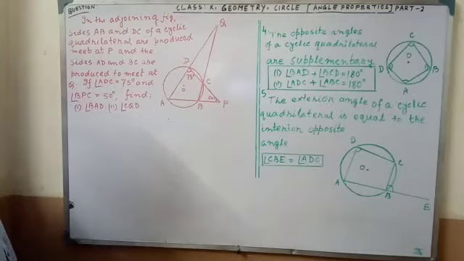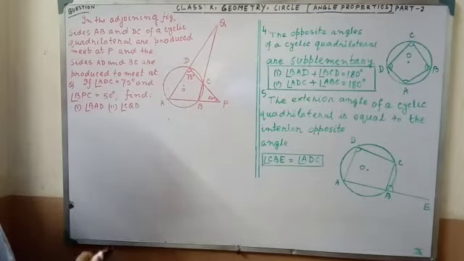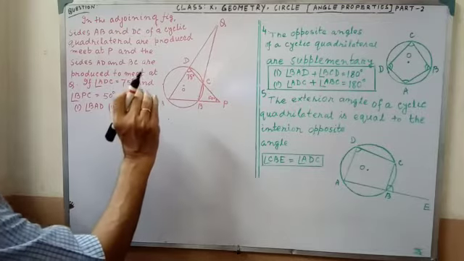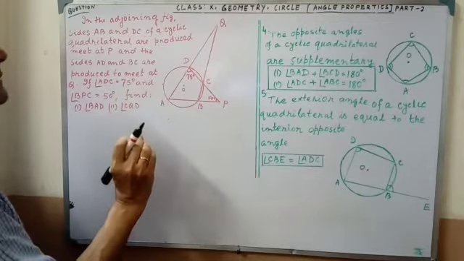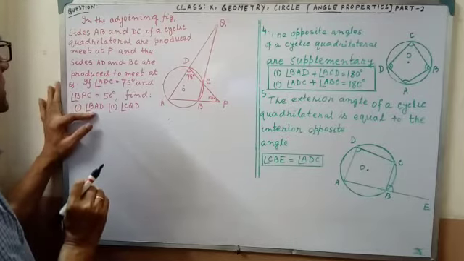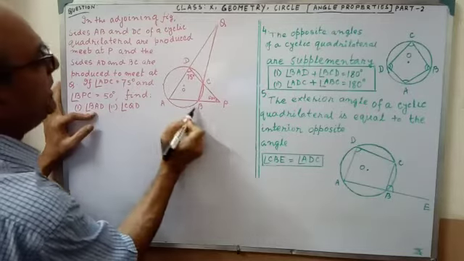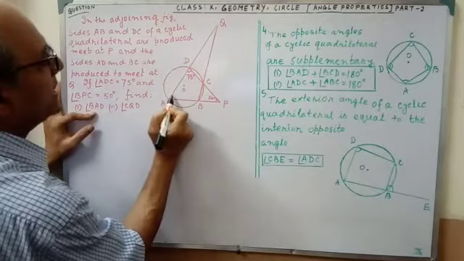This is the sum. You know very well, you have to draw the diagram. After drawing the diagram, you have to look at the diagram and at the question. Angle BAD, this angle is required.